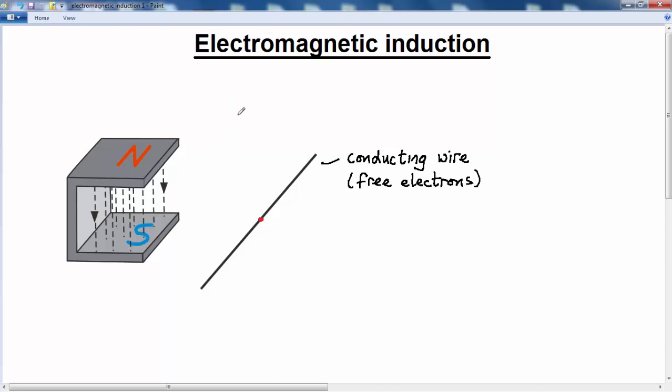Now then, in electromagnetic induction, what we do is we move the conductor through a magnetic field. So we're moving it this way. And as that electron passes through that magnetic field, a force will be exerted on it. So we're moving the cable this way. The electron, as you know, has a negative charge, and a negative charge moving in this direction constitutes a conventional current moving in the opposite direction. Whenever a charge moves, that always constitutes an electric current.